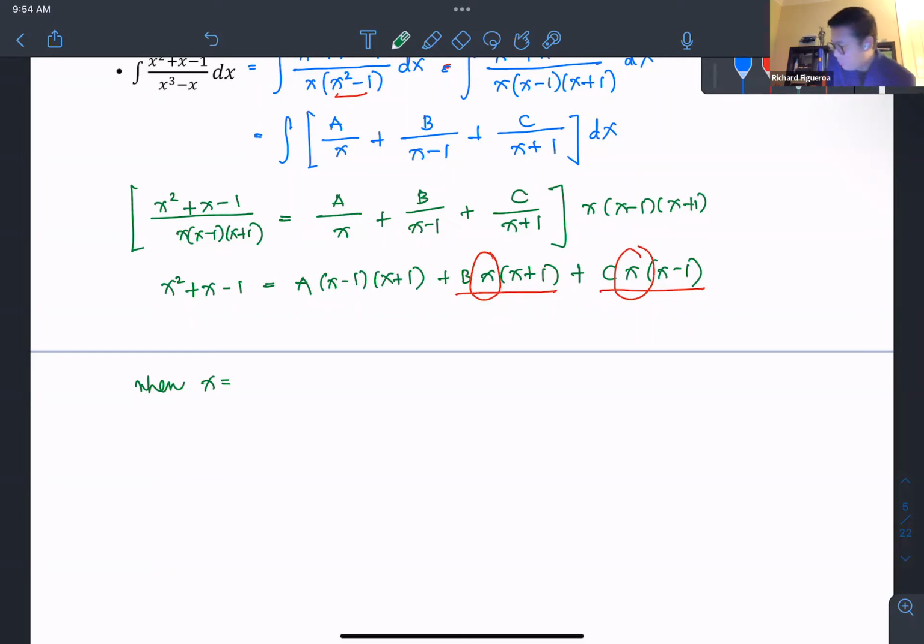It should be 0. Okay, very good. When x is 0, multiplying gives 0 for all of B and all of C.